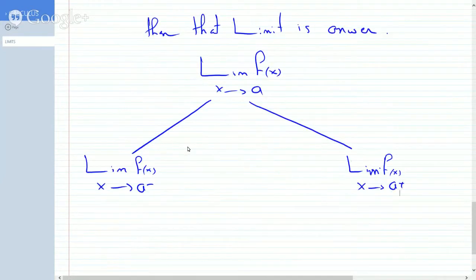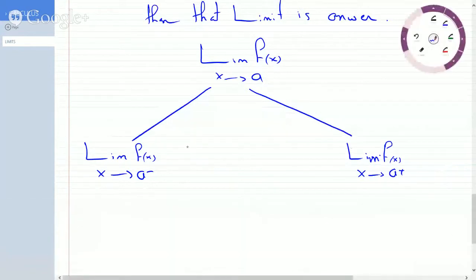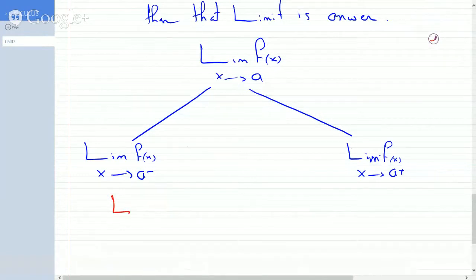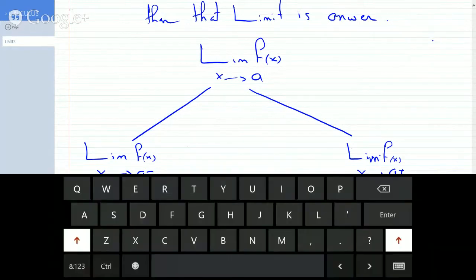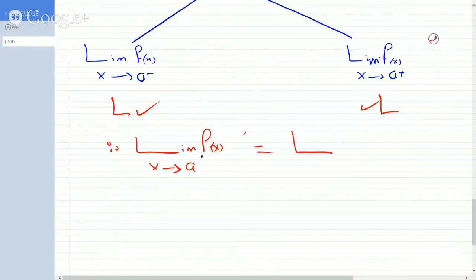So we're summarizing here in a chart, okay? And now let's say that the answer here was L, and the answer here was L. If they're the same, therefore the limit of f of x as x goes to a is equal to L. If those two numbers are the same, like this is a 5 and this is a 5 or whatever.